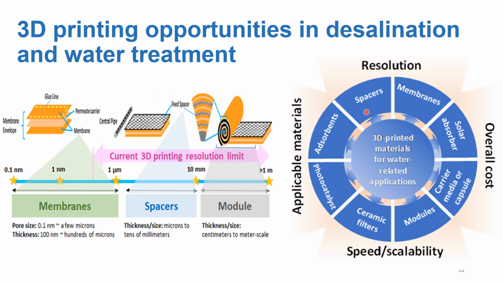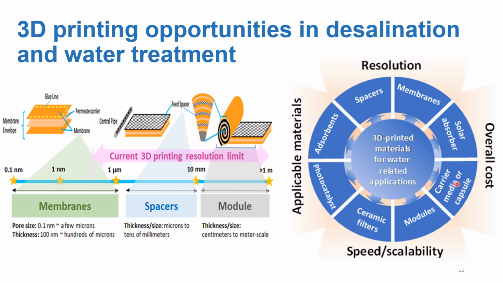There are many other applications for 3D printing in desalination and water treatment. Aside from spacers, membranes definitely, if the resolution permits. The solar absorbers, as I mentioned previously, can be made by 3D printing for 3D structure. We have also carrier media or capsules for wastewater treatment.